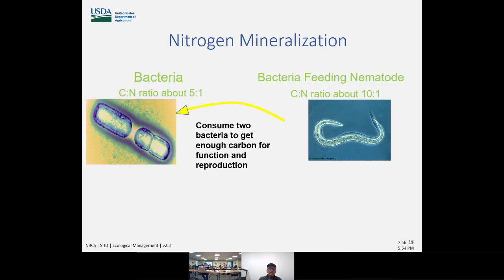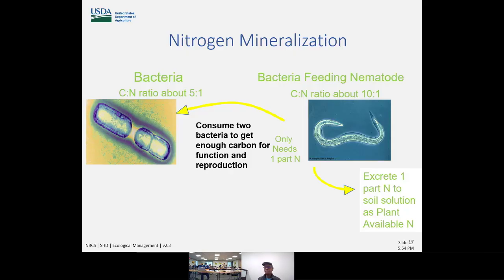So if a nematode consumes bacteria to get enough carbon for function and reproduction, it needs only 1 part of nitrogen. It consumes 2 bacteria, which gives 10 carbon but 2 nitrogen, and it needs only 1 nitrogen. So it excretes 1 part nitrogen to the soil solution.